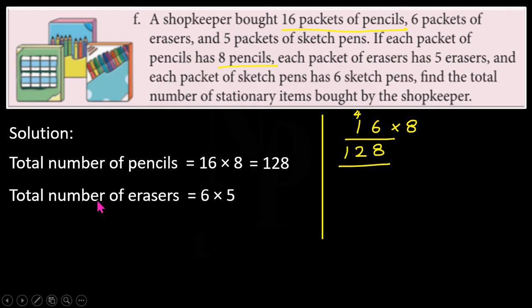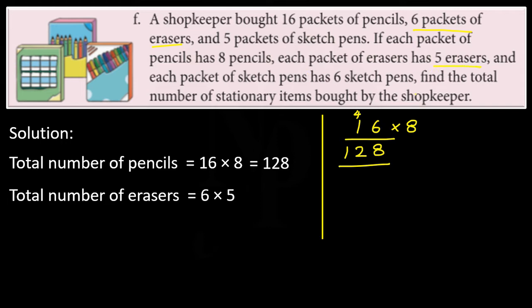Total number of erasers. The number of erasers can be found by multiplying 6 by 5, because he bought 6 packets of erasers, and each packet has 5 erasers.